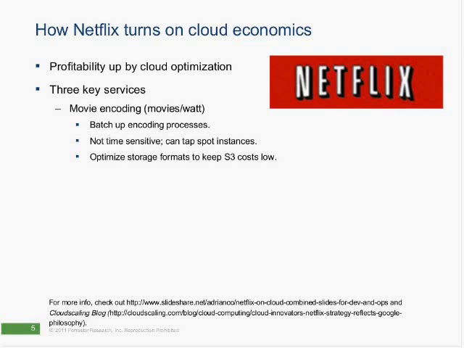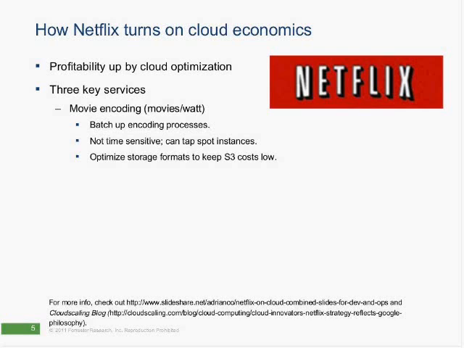By tapping into spot instances, Netflix can reduce the cost of every VM they fire up in Amazon by a fair amount. They also very much are optimizing the storage formats of these final converted video files so that they can keep their S3 costs low. And there's more things they're doing with storage on the back end, which I won't go into at this point, but you certainly should explore that with Netflix if you get interested in that topic.